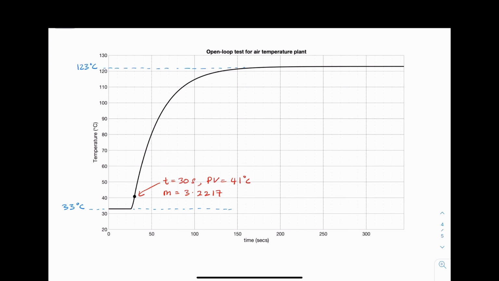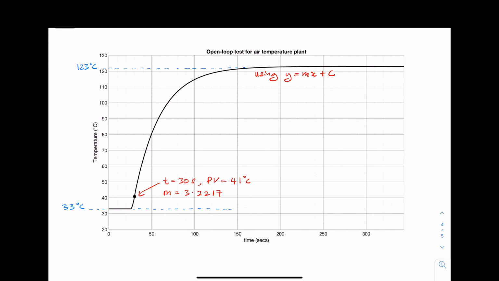Next, we have to draw the tangent line to get the intersection between the tangent line and the initial point, which is 33 degrees Celsius. We also have to extend that tangent line to get the intersection with the steady state output, 123 degrees Celsius. Using y equals mx plus c, where m is equal to 3.2217, we get the value of c, which represents the intersection of the tangent line with the y-axis.